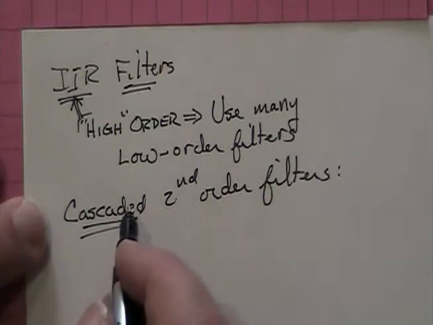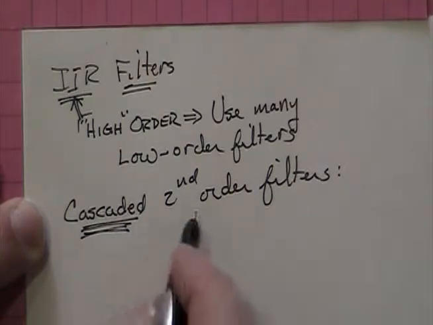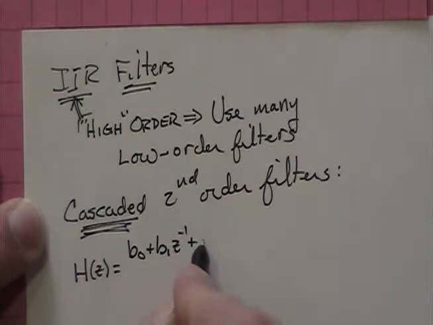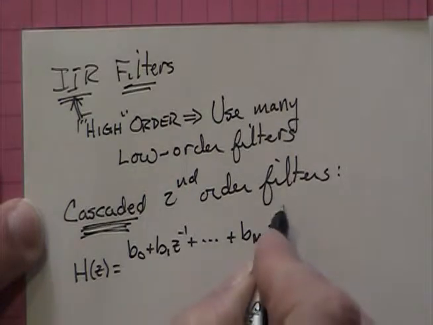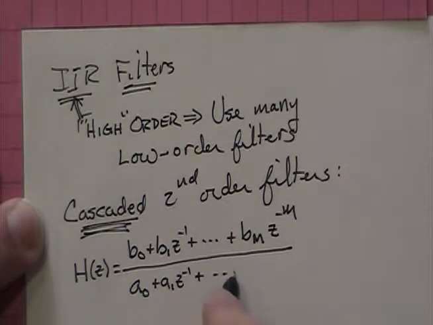The scheme to get to a cascaded set of second order filters, a set of biquads, is that I'm just going to factor H of Z into lower order polynomials. So if I have B0 plus B1 Z to the minus 1, and so on out to B sub m Z to the minus m, over a denominator polynomial A0 plus A1 Z to the minus 1, and so on, A n Z to the minus n.